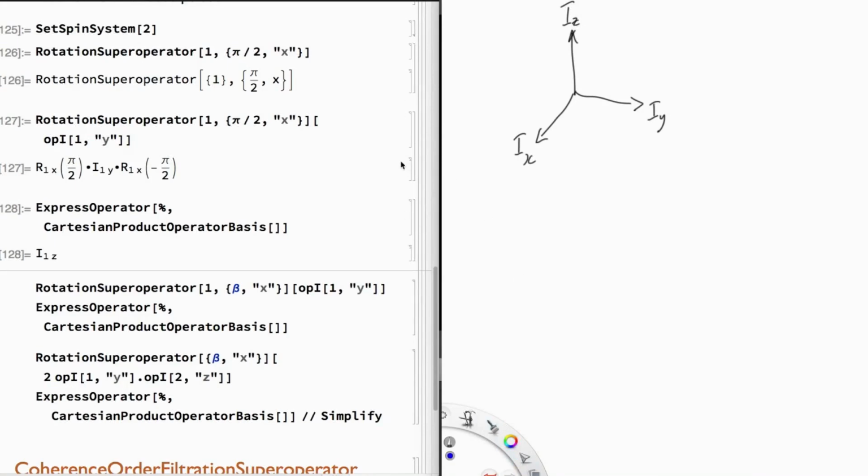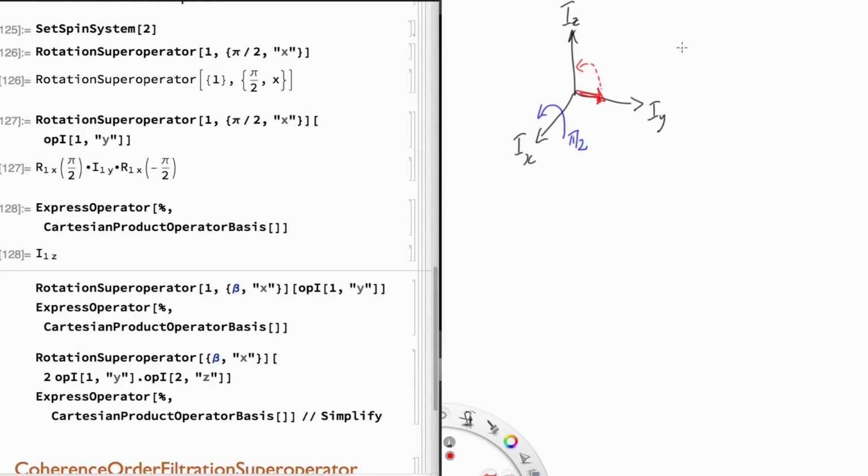The rotation I'm interested in is through pi over 2 about the x-axis, and I'm operating on Iy, which now gets rotated up to make Iz.